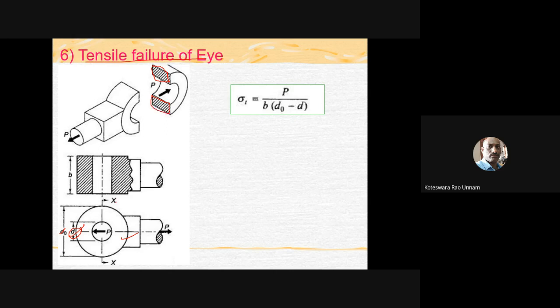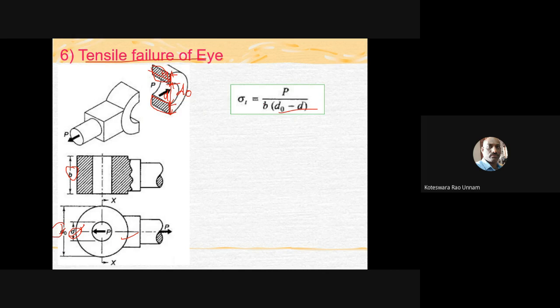In the section we can also clearly see the area which is resisting this tensile failure. If I take the section here, the total outside diameter is D naught. Then the inside diameter, from here to here, is small d. So this distance should be equal to D naught minus d. In this direction, this dimension is b.